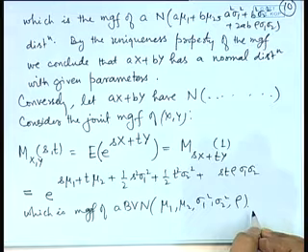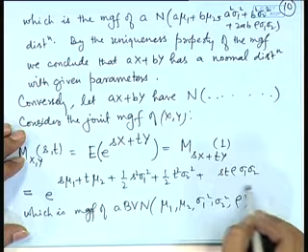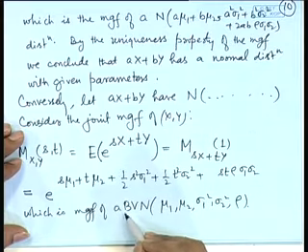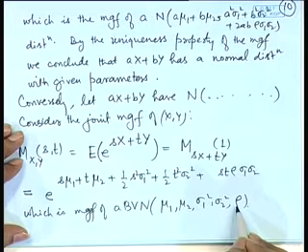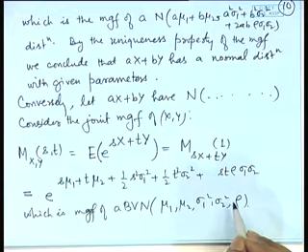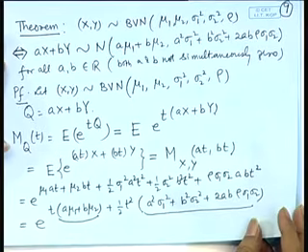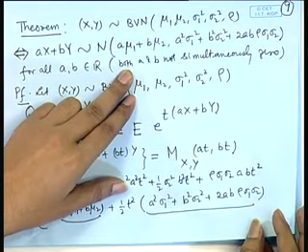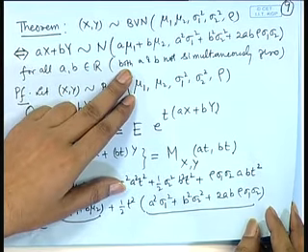So, once again the uniqueness of the MGF proves that X, Y must have a bivariate normal distribution. So, notice here that this joint MGF is extremely useful in proving certain characterization properties of the bivariate normal distribution.